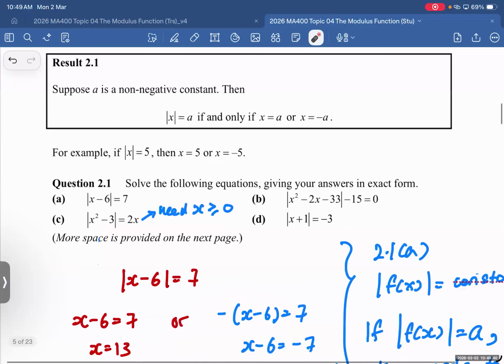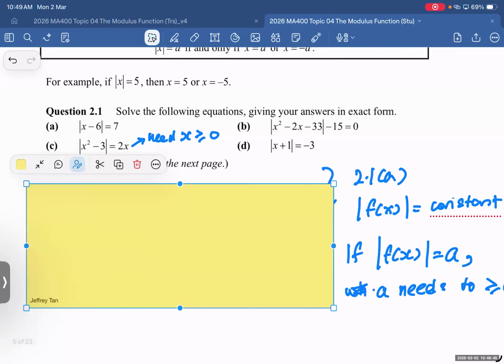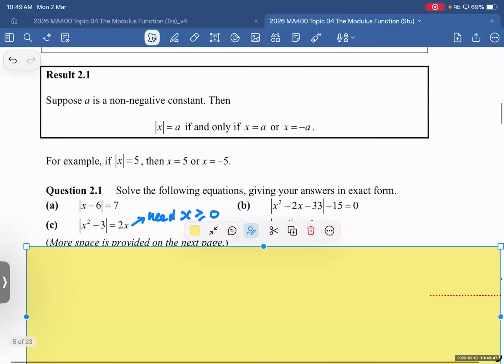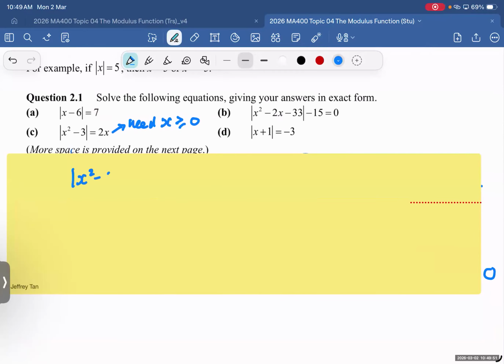Now let's go to 2.1c. x squared minus 3 equals to 2x, I'll have x squared minus 3 equals to 2x, or x squared minus 3 equals to -2x.